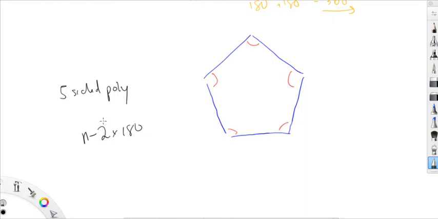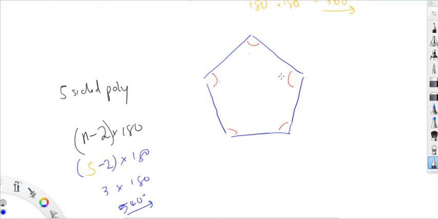So let's try it. The number of sides is 5, minus 2, times 180. That's basically 3 times 180. And 3 times 180, if you plug it into the calculator, it will give you 540 degrees.